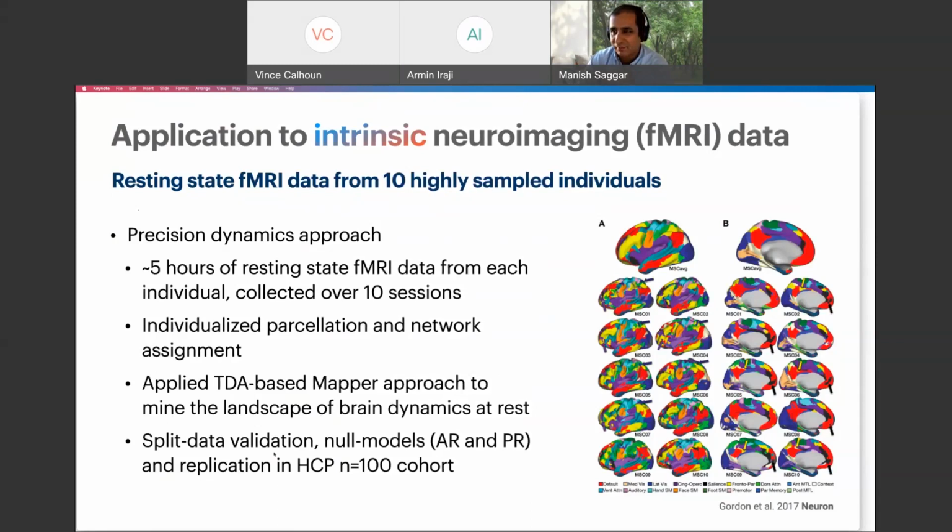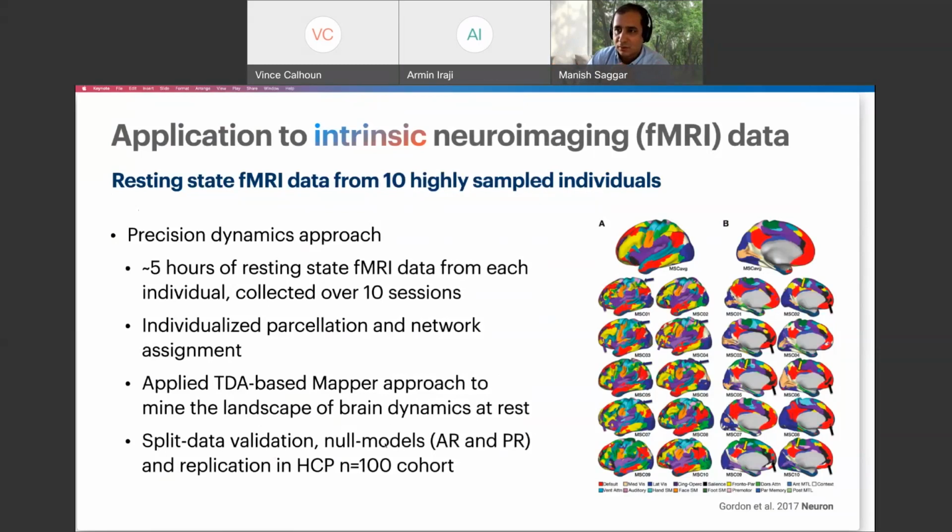And we did split data validation because we had 5 hours of data. We thought it's too much, so we split it into 2 pieces. So you will see odd and even sessions. Out of 10 sessions, we have 1, 3, 5 the odd sessions, or 2, 4, 6 the even sessions, and we get 2.5 hours of resting state data each that we tried to use as discovery and replication set. So whatever we find in one, do we see the same thing in the other?